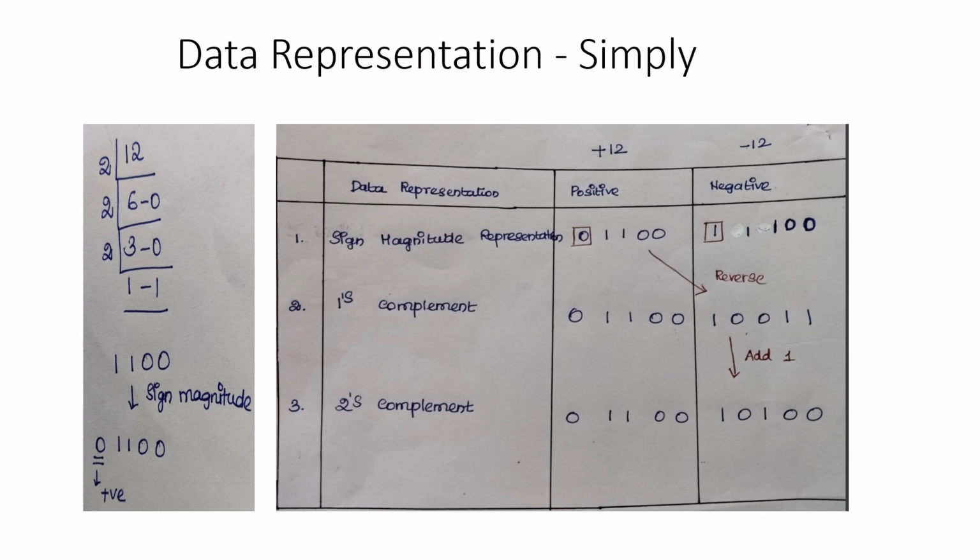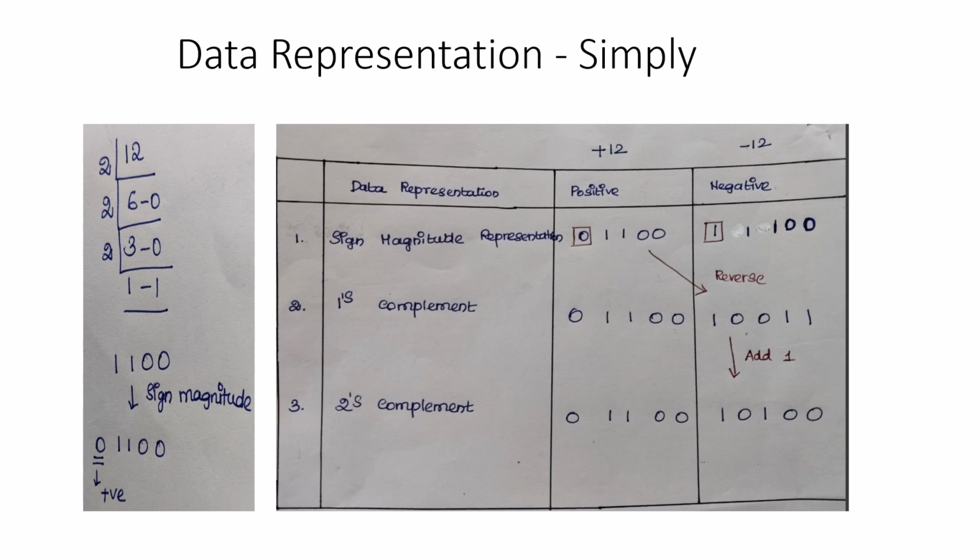Next one is 2's complement. As I already told, if it is a positive number, the 1's complement, sign magnitude and 2's complement are all the same. But for 2's complement of a negative number, we take the positive of that number, for example the positive of 12, reverse the bits and add 1.